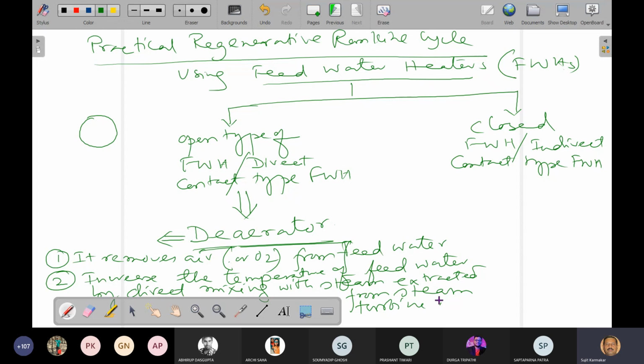And number two, it increases the temperature of the feed water by direct mixing with steam extracted from the steam turbine.